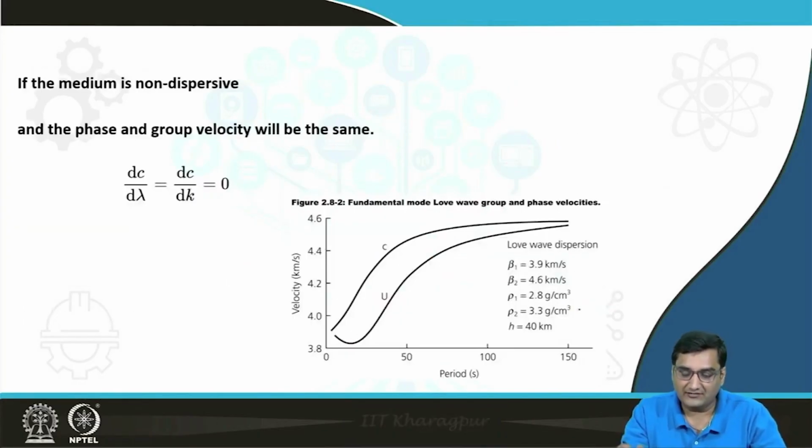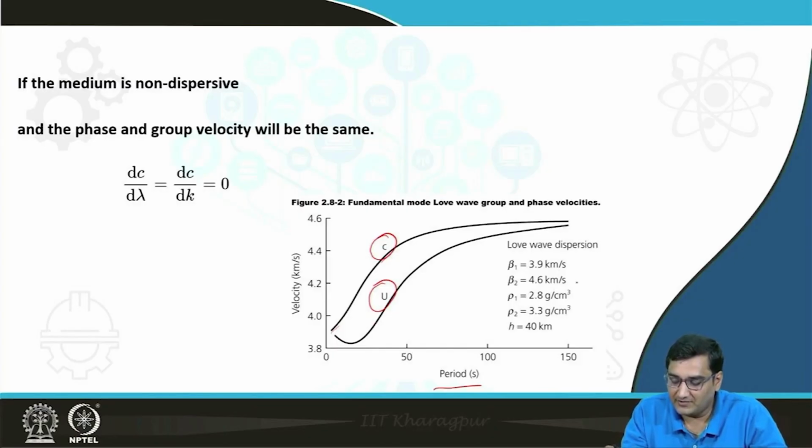So if you look at this particular graph, we have plotted velocity, or you can say apparent horizontal velocity, with respect to the period, and these are the plots for the phase velocity and the group velocity. The phase velocities are generally higher than the group velocities.